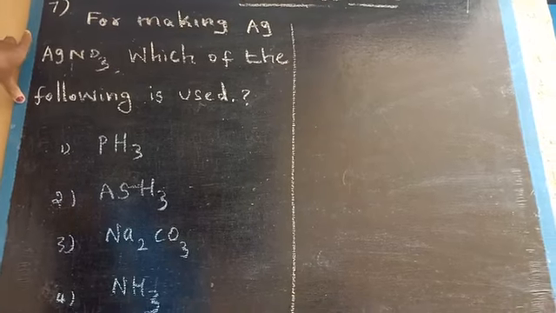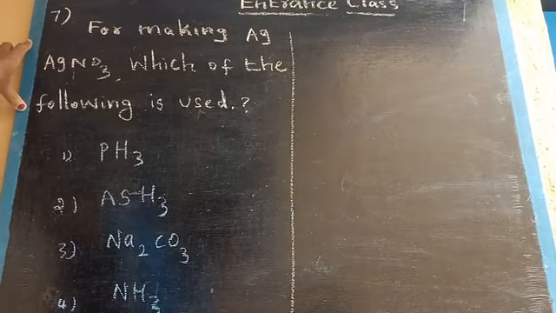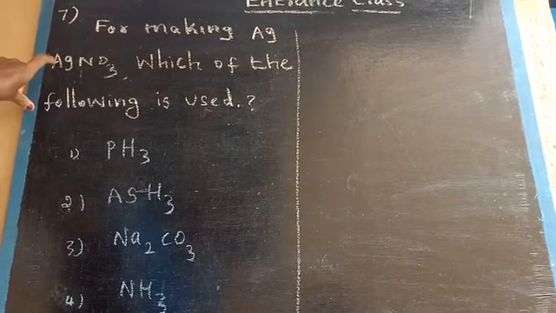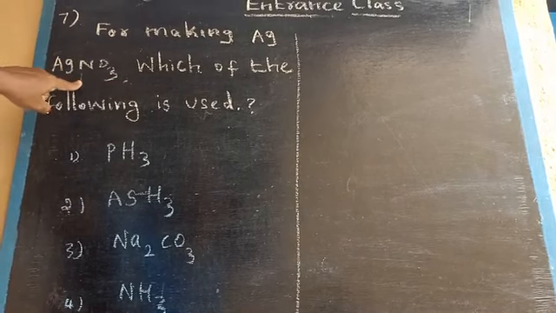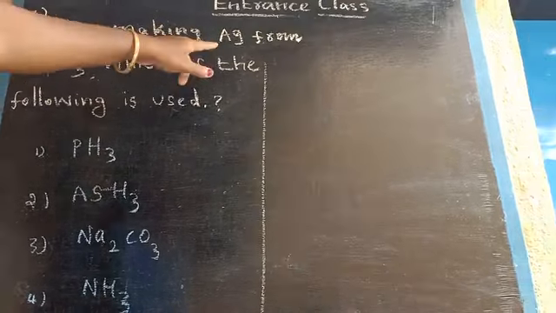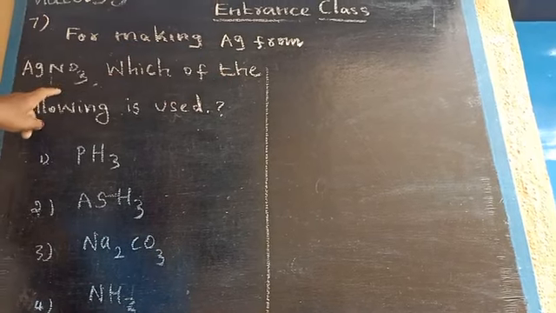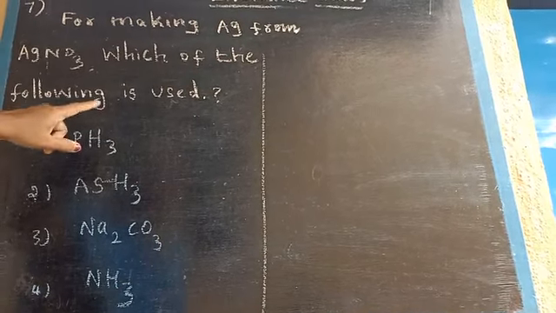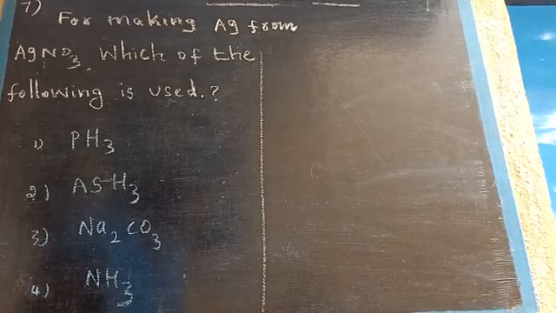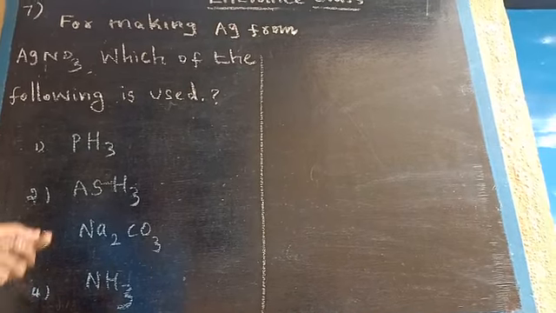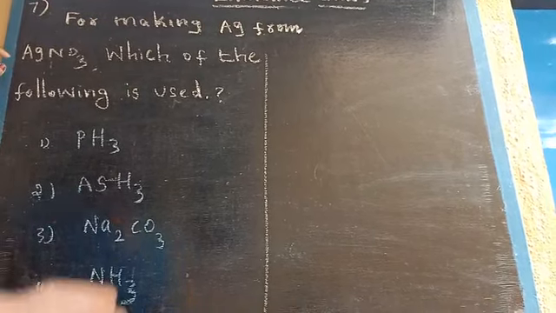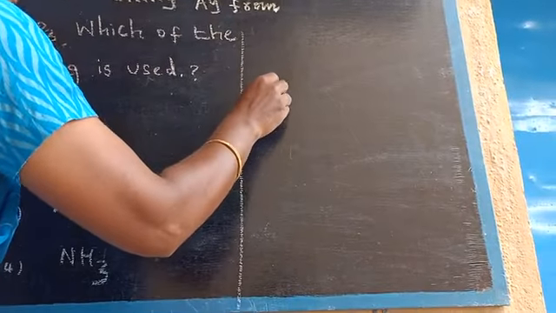Let's see the next question. For making Ag from AgNO3, which of the following is used? Here they are asking for the catalyst. Okay children, Ag is obtained from AgNO3.